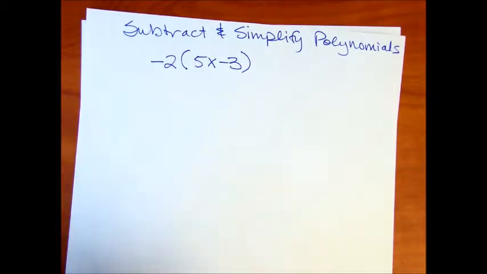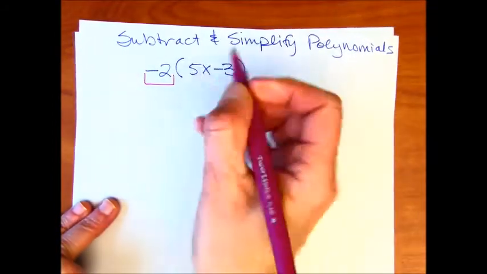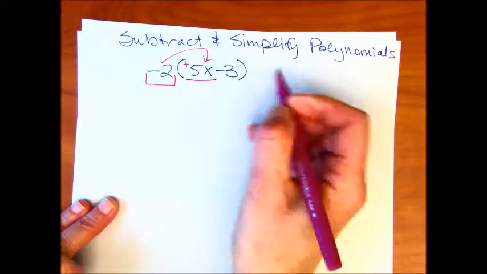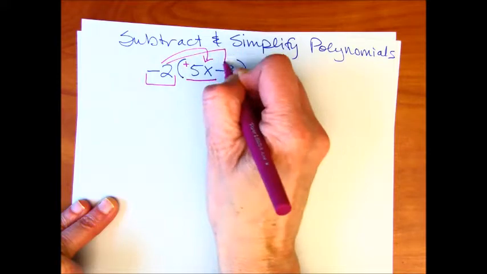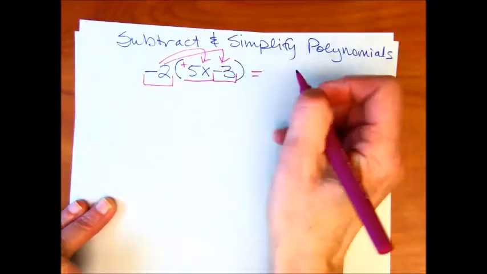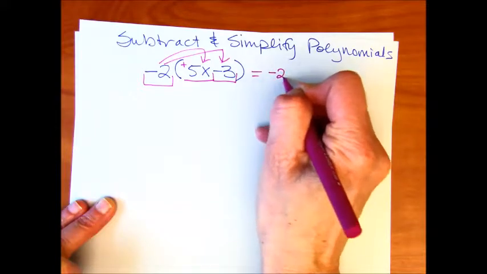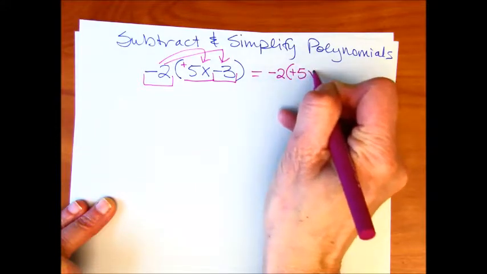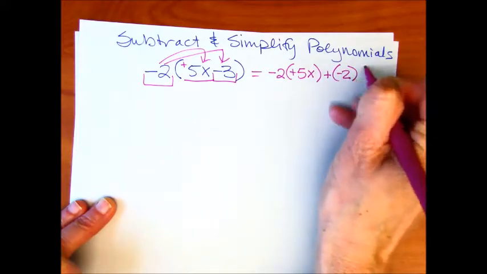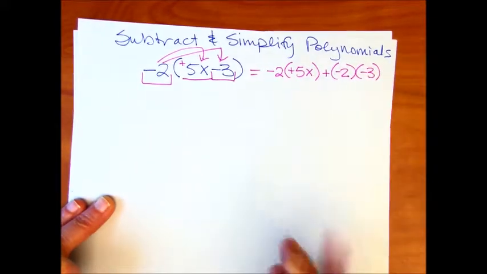So this -2 is going to be multiplied to this positive 5x and to this -3. If I rewrite it the long way, I've got -2 times a positive 5x plus -2 times -3.